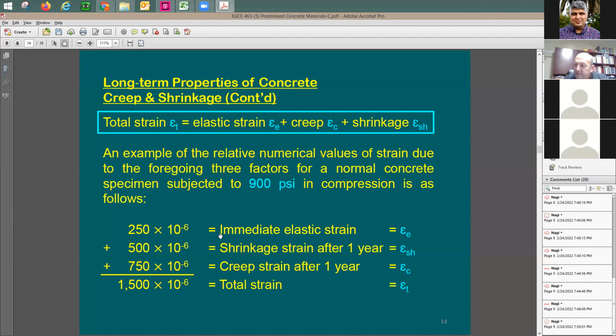So the immediate elastic strain is really low, but it contributes, right? It is 250 out of 1500. So now you have a feeling, just by looking at these numbers, which one is gonna be the most critical strain, the most dangerous when it comes to losses. Yes, number one is gonna be creep, number two is gonna be shrinkage, and number three is gonna be the instantaneous or immediate elastic strain.